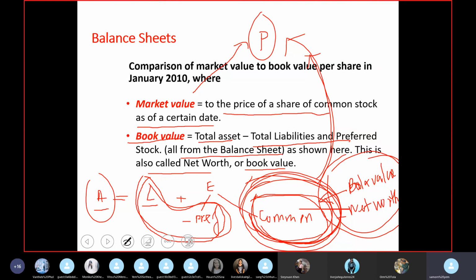The purpose of the financier is to make the common stockholders' shares increase in value. If your company is good, it earns more profit, makes your common stockholders' shares worth more, and that can affect the market value. This is the goal of the financier, to maximize shareholder value.